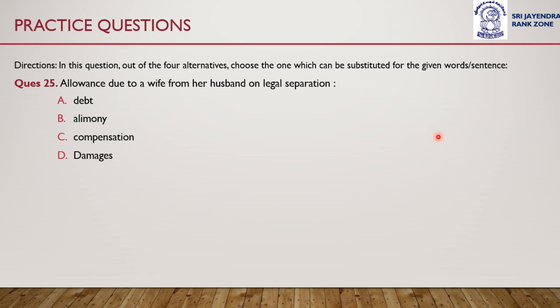Option A, debt; option B, alimony; option D, damages. What do we call an allowance due from her husband on legal separation? Is it option A, debt, option B, alimony, option C, compensation, or option D, damages?